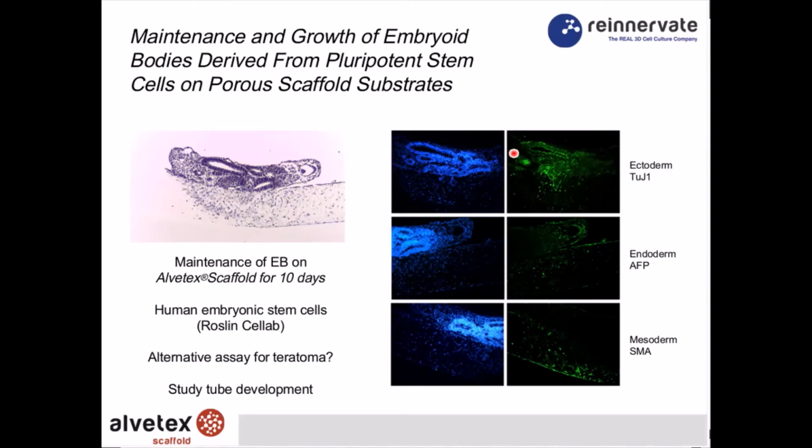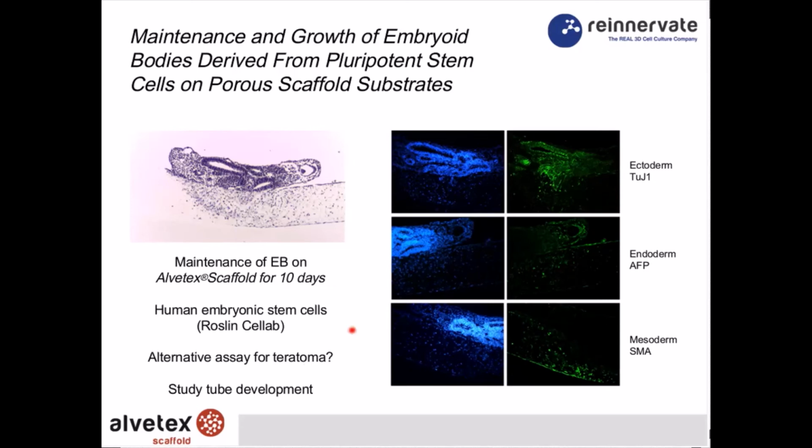So this is actually a neuroepithelium. You see that really nicely here. So this is work from human embryonic stem cells. And actually, in these structures growing this way, you can see evidence of all three germ layers. And potentially, this is an alternative assay for doing a teratoma and using animals for transplantation experiments.